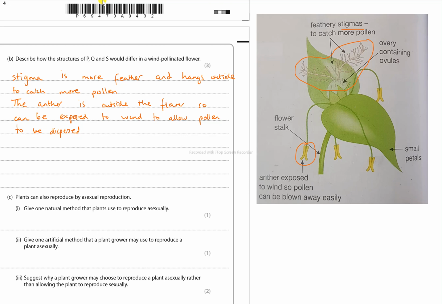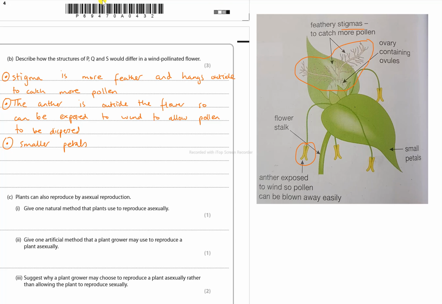Right, you also notice that it has smaller petals because it doesn't need to attract insects.